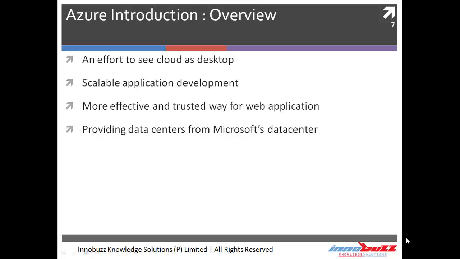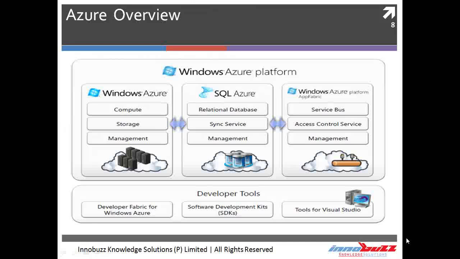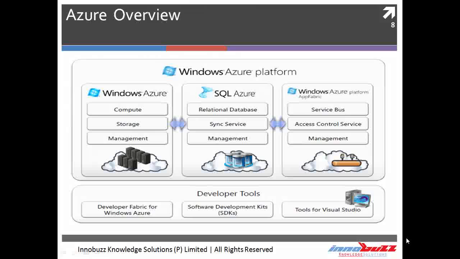Now let's go further. Here is the Azure overview. It's a big picture. Of course, you can see the Windows Azure, SQL Azure, Windows Azure platform with App Fabric, and of course, you have a lot of developer tools. Developer Fabric for Windows Azure, software development kits, tools for Visual Studio. So, in Windows Azure, you have facilities with which you can do compute, storage and management.